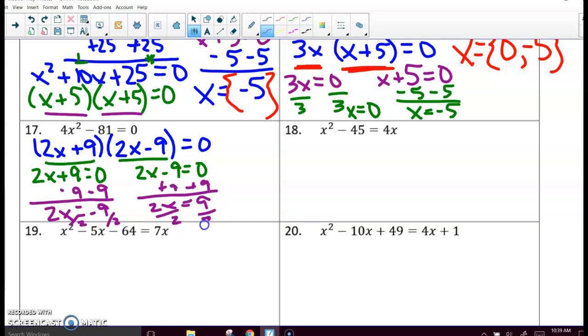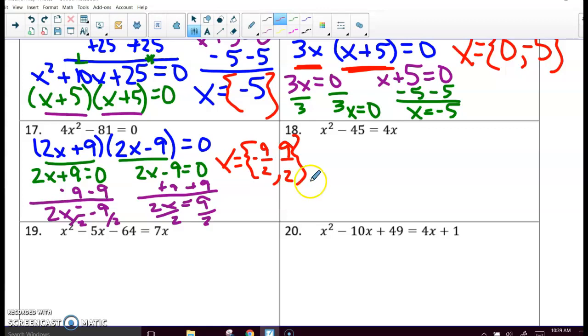And then divide by 2. Well, negative 9 divided by 2 and 9 divided by 2, they're not integers, so we can actually leave our answers as fractions, and there's nothing to simplify there. So negative 9/2 and positive 9/2.